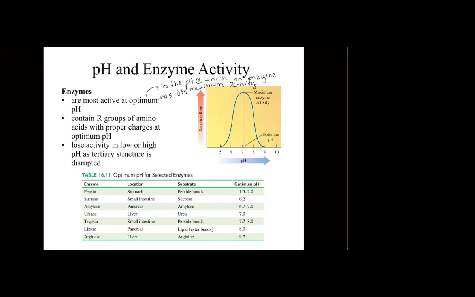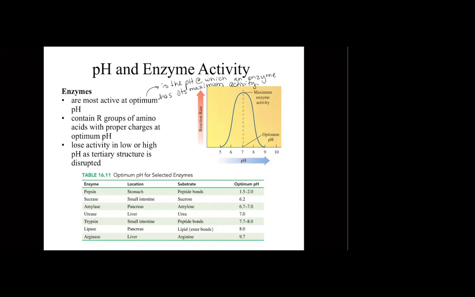Now, understand that enzymes contain R groups of amino acids, okay, with proper charges at their optimum pH. If you have an enzyme and you know its optimum pH, pH deviations into lower pH or higher pH will affect enzyme activity by reducing it.